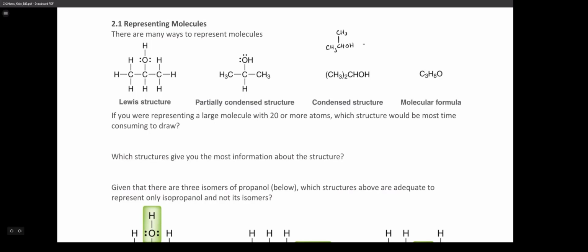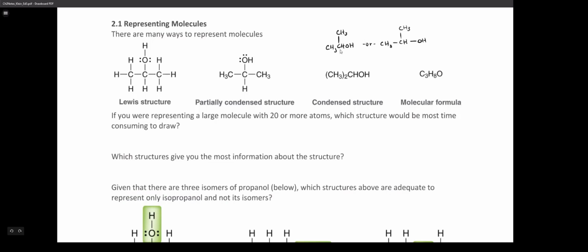Or I could draw it like this. And this last form is usually the way I tend to do it if I'm going to do a condensed structure. One of these two ways, commonly.